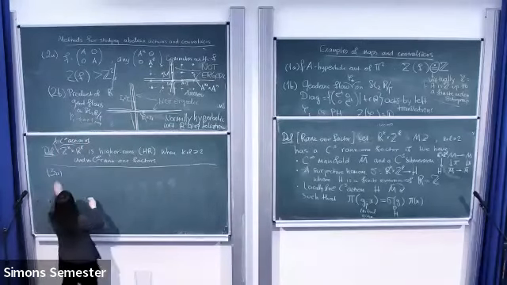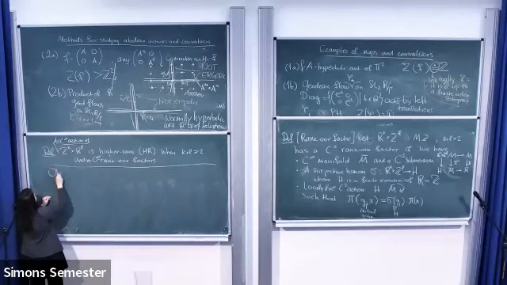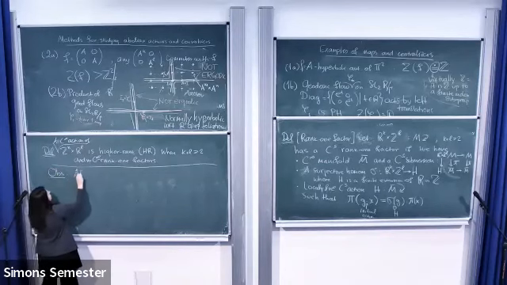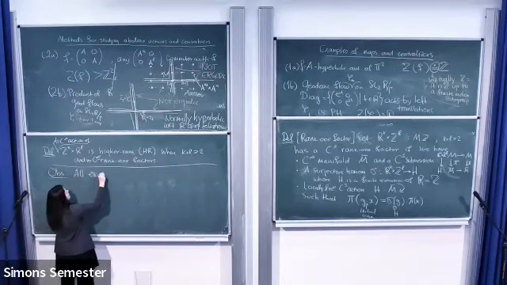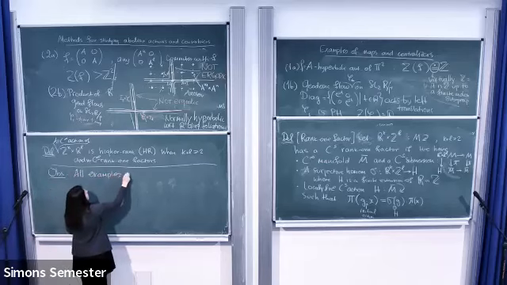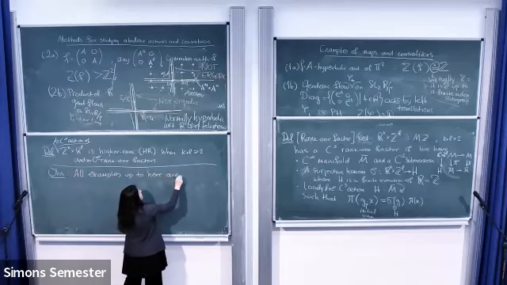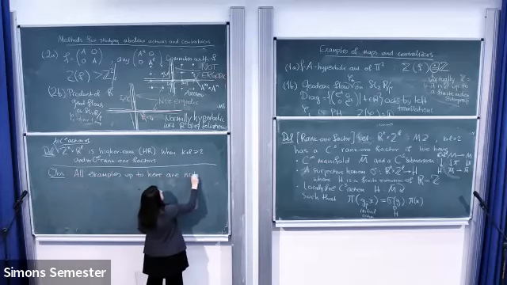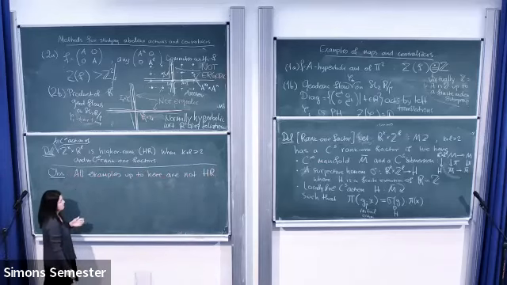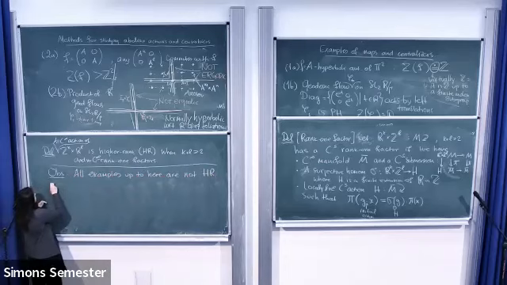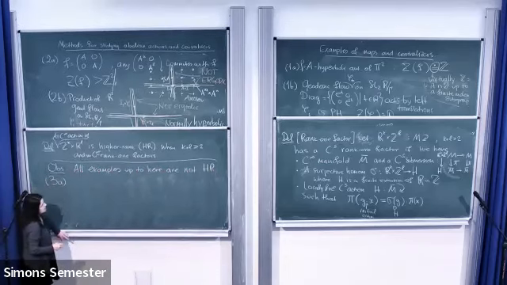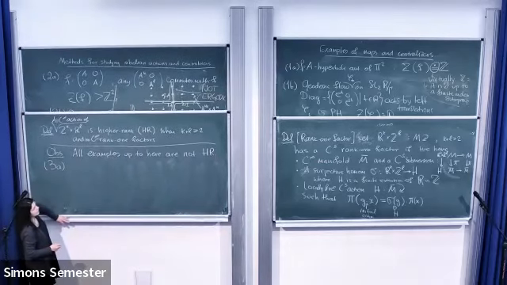Observe all examples up to here are not high rank. They have rank 1 factors, and obvious ones. So example 3A. Example 3A is a high rank version of example 1A.